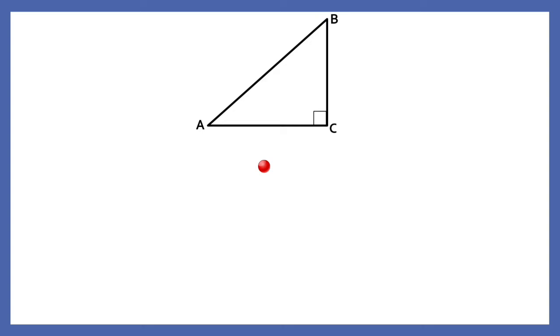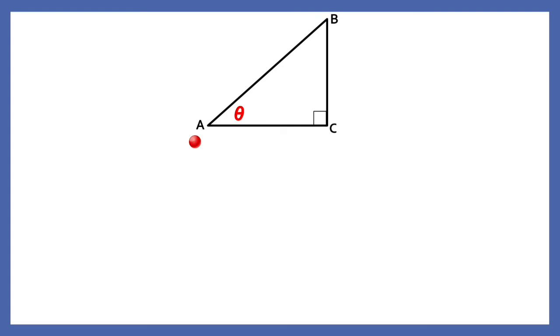In a right triangle, we can define 6 trigonometric ratios. Let's consider the right triangle ABC with right angle C. In this triangle, we will let theta represent angle A.